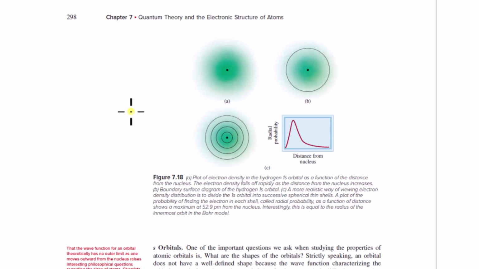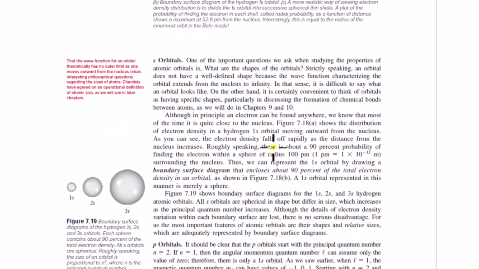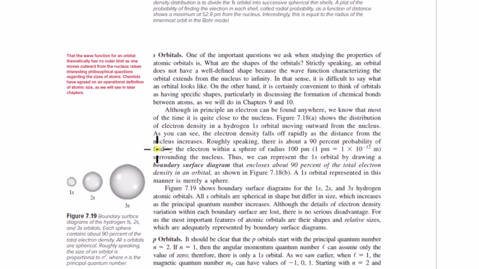There's still a probability all the way out here that the electron could be here. As you can see, the electron density falls off rapidly as the distance from the nucleus increases. Roughly speaking, there is about a 90% probability of finding the electron within a sphere of radius 100 picometers surrounding the nucleus. Thus, we can represent the 1s orbital by drawing a boundary surface diagram that encloses about 90% of the total electron density in an orbital, as shown in figure 7.18b.